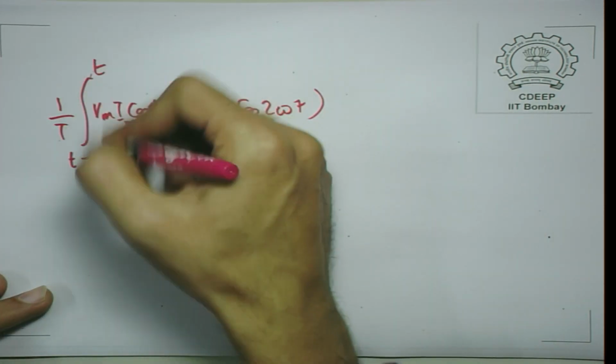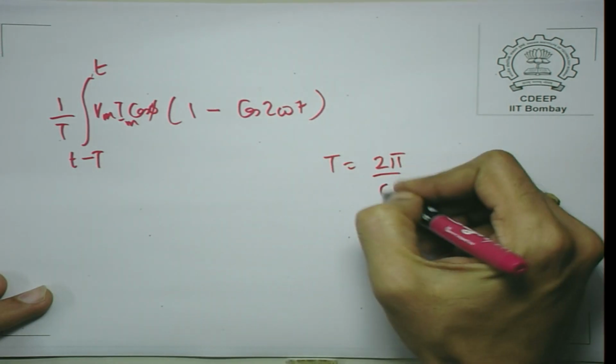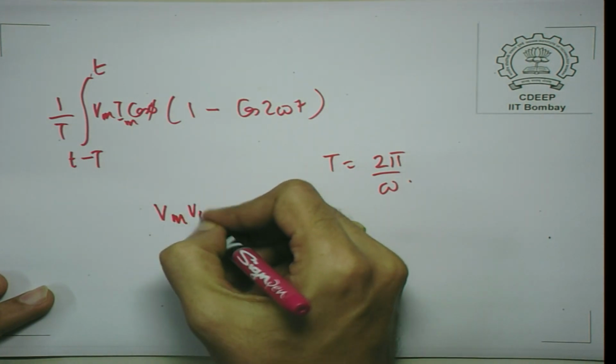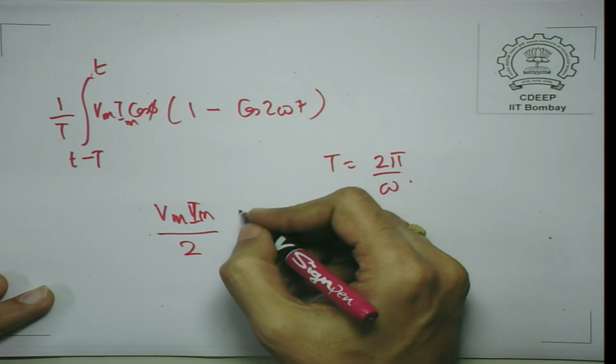This is the integration over a period, T equal to 2 pi divided by omega. If you do that, you will find this comes out to be Vm Im. I will not work this out, it is quite trivial.